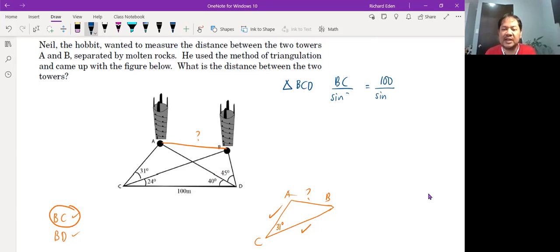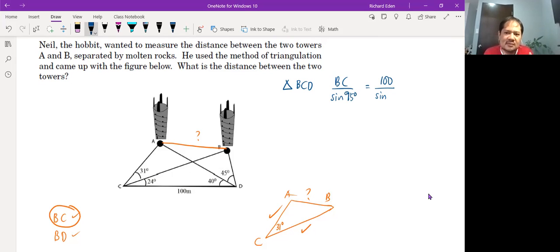Wait, hold on. As I've written it down, BC first. So BC over sine BDC. What's sine BDC? Sine of 95. I just realized it is 95.